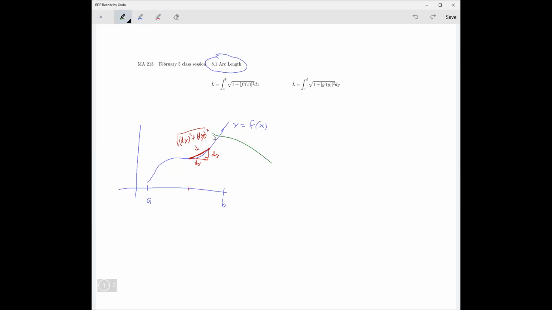Now, what you can do is multiply this by dx over dx.